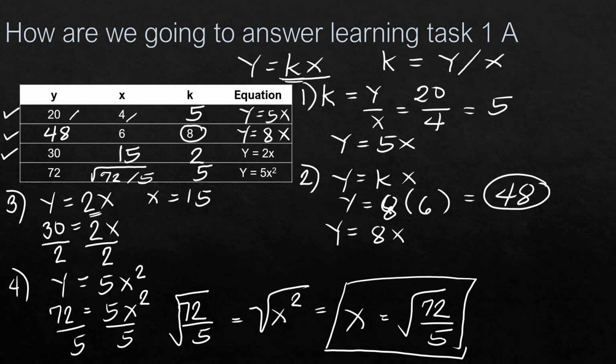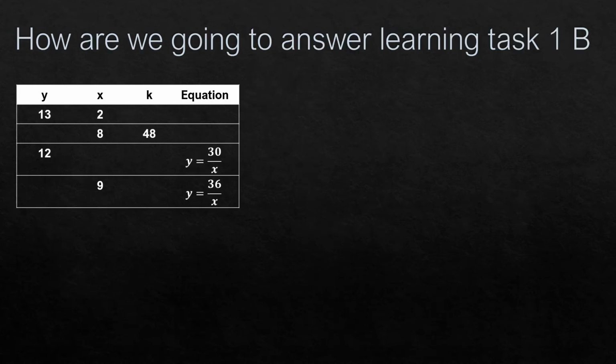Paano naman yung learning task 1B? Learning task 1B naman is inverse. So, y varies inversely as x. At para makuha natin yung ating constant, we simply multiply y and x. Sa first line, per line ang sagot natin. Ang nawawala is constant.